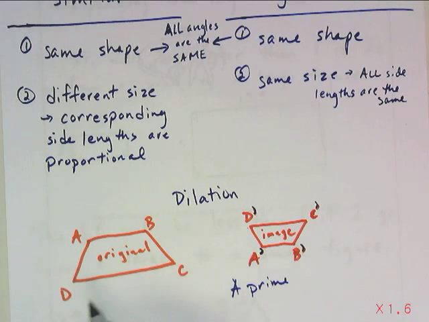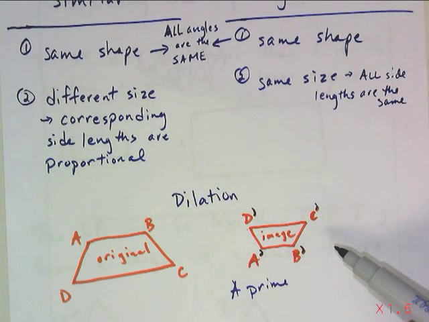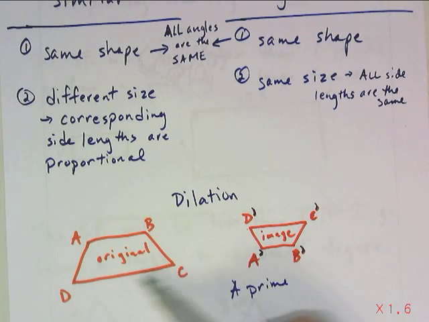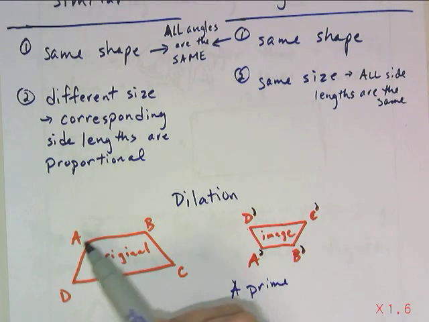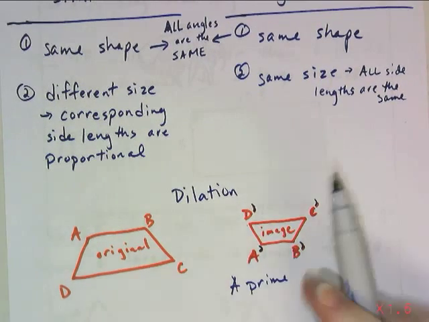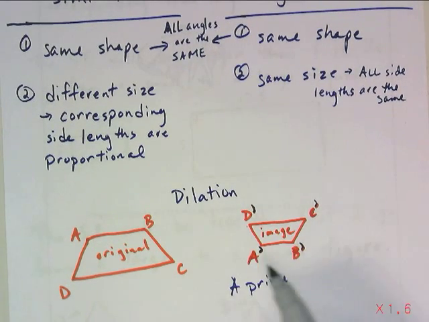So here we have trapezoid A, B, C, D. Here we have trapezoid A prime, B prime, C prime, D prime. And by using those repeated letters, it helps us better match up which vertex and which side over here corresponds with each side over here, right? AB corresponds with A prime, B prime. Even though this shape has been turned, this helps us keep everything matched up.